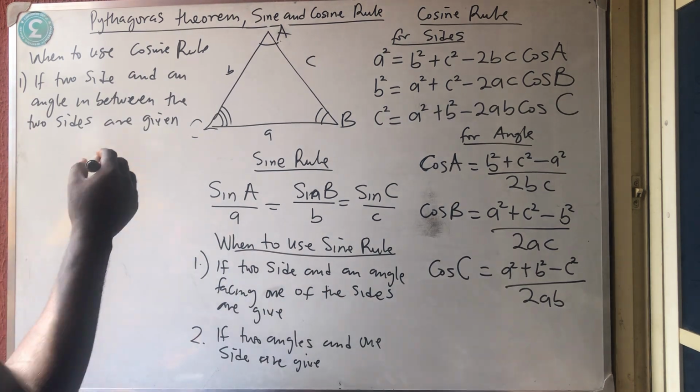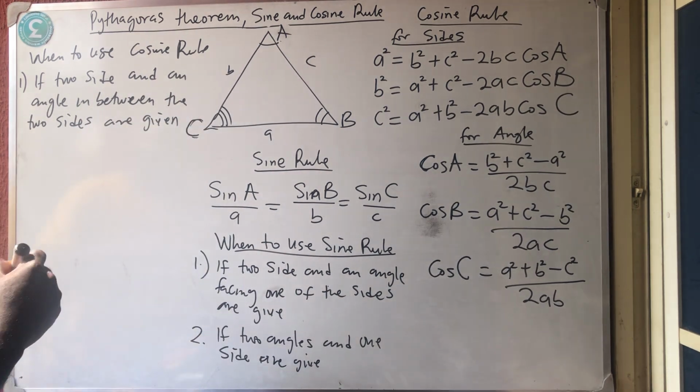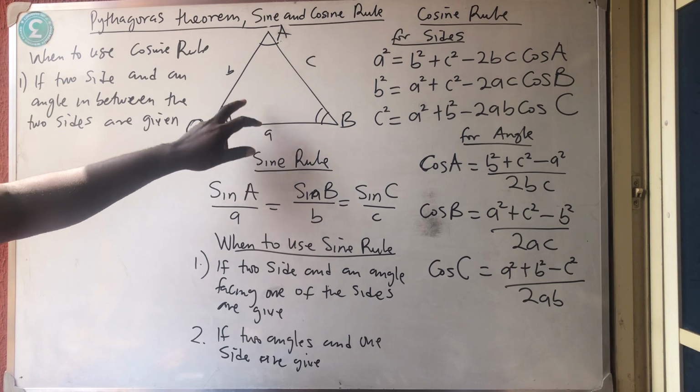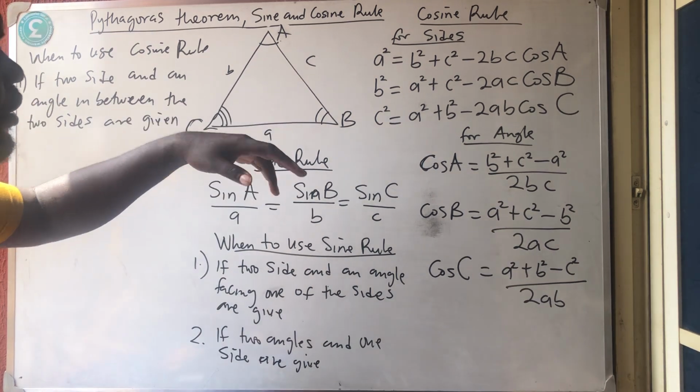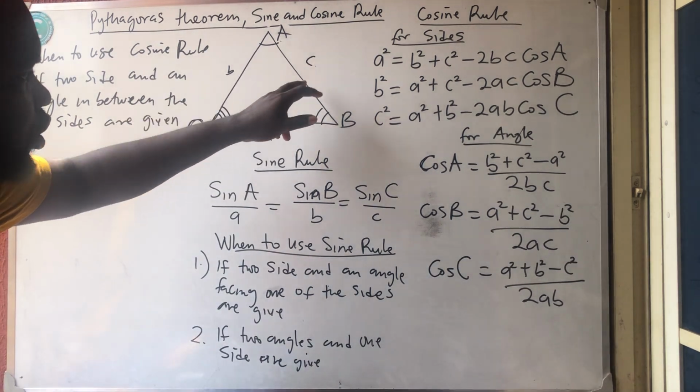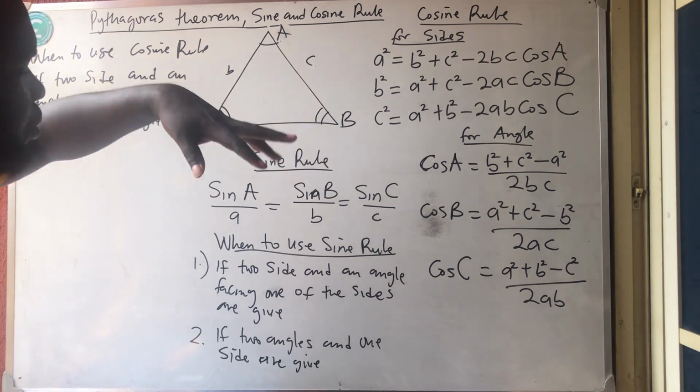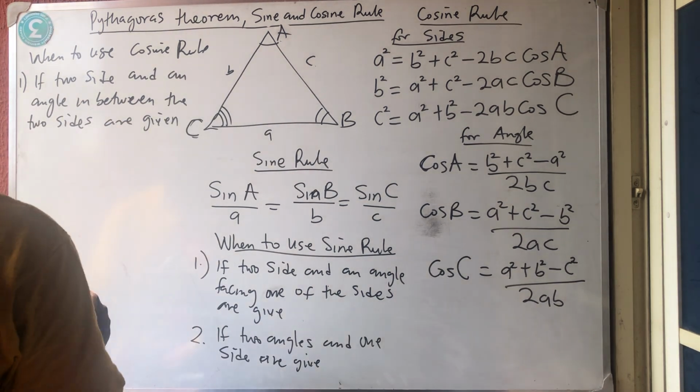So if you have 2 sides given and an angle in between them, if you have these 2 sides and this one in between them given, then you use cosine rule. Okay, that is number 1.